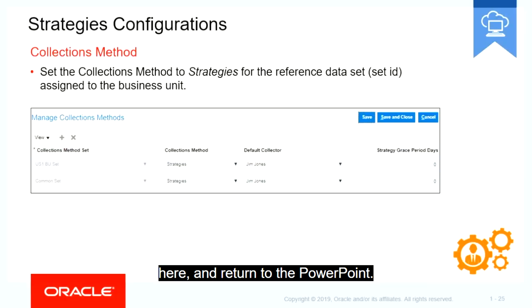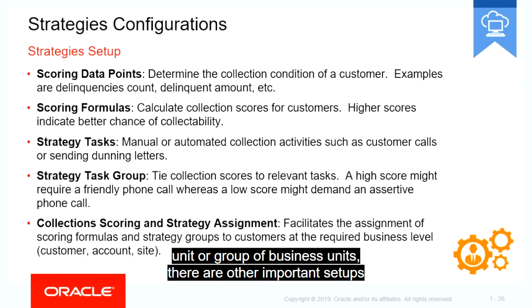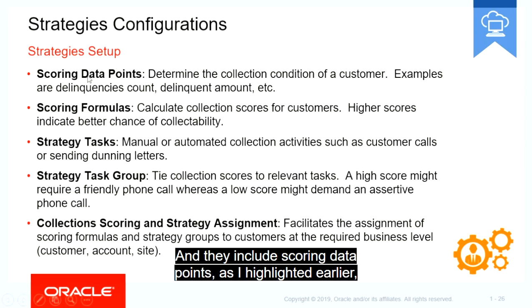Now, of course, besides selecting the collections method for your business unit or group of business units, there are other important setups that you need to understand, and they include scoring data points.